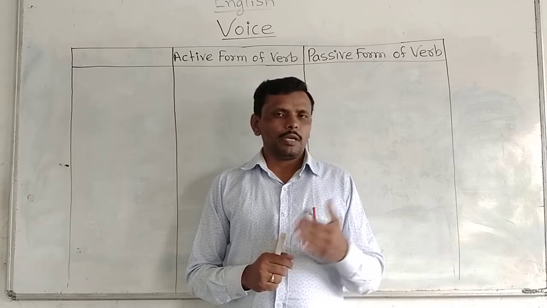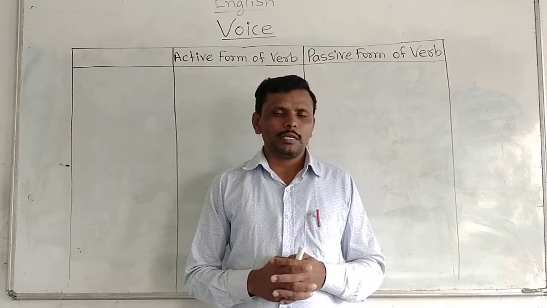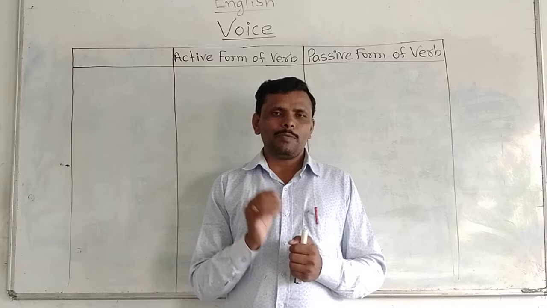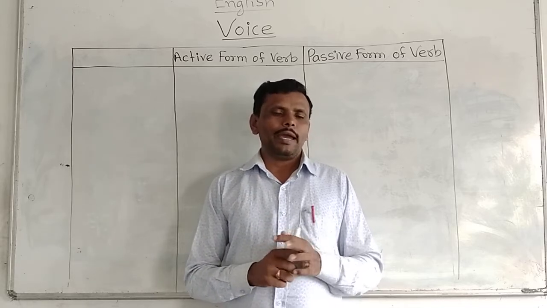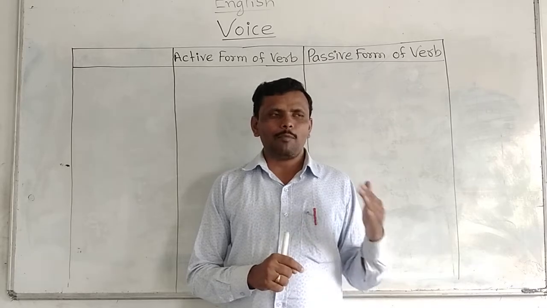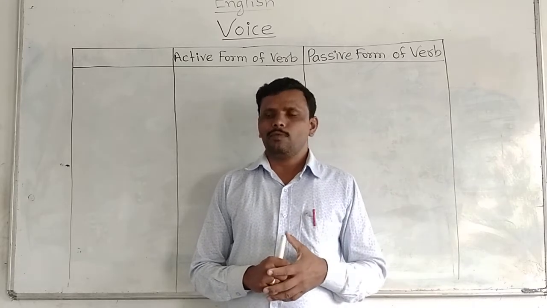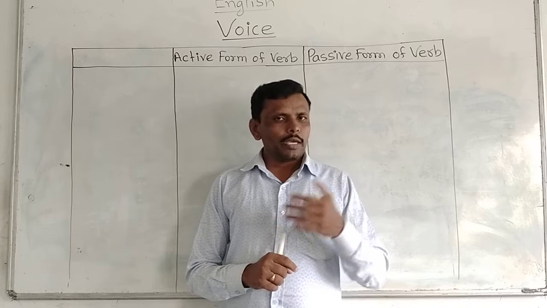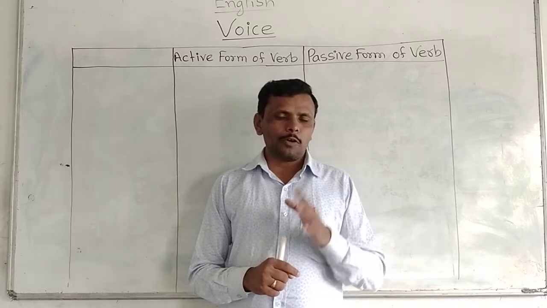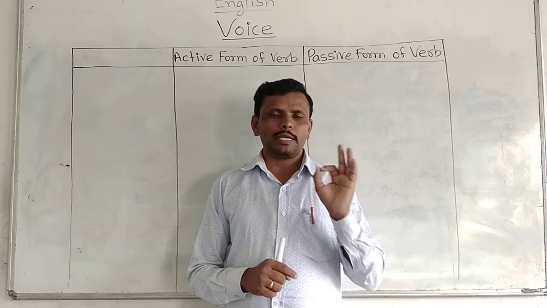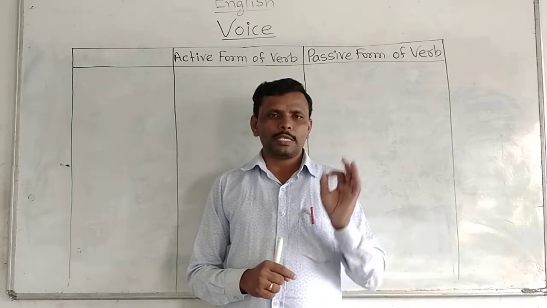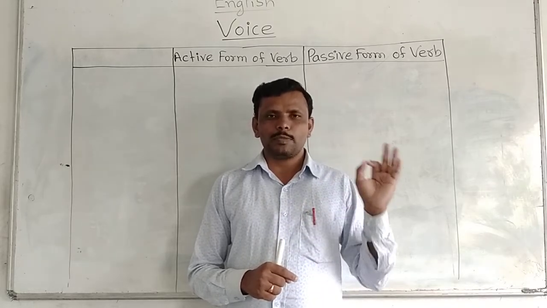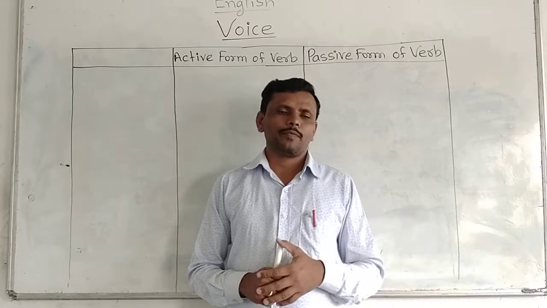In simple present tense you will find there is V1 or V5 as the active form, and its passive form is am/is/are plus V3. In present continuous tense, the active form of verb is am/is/are plus V4, and the passive form is am/is/are plus being plus V3.